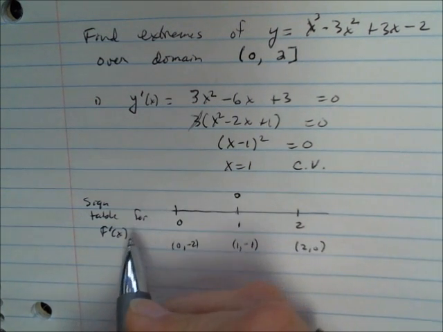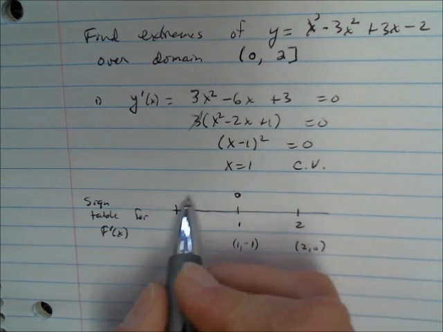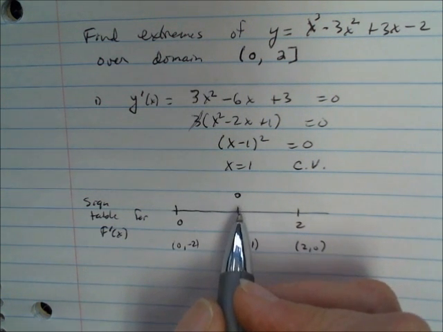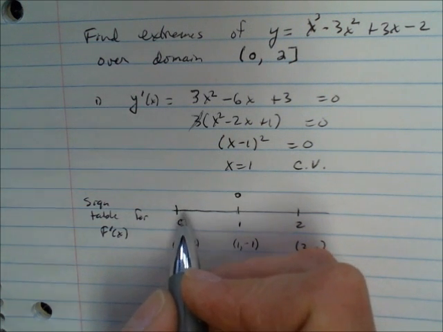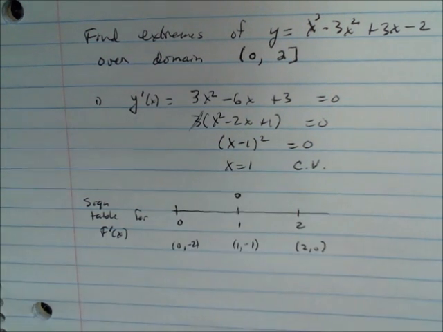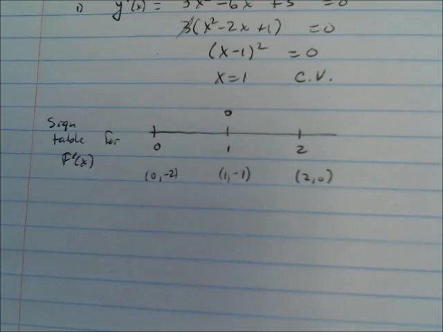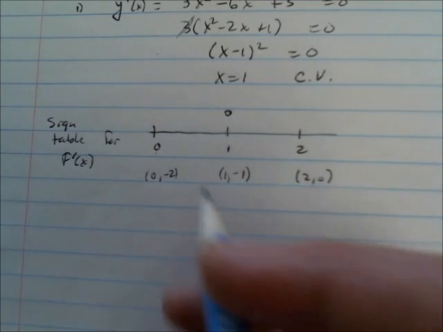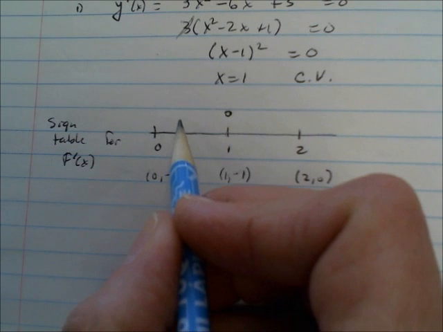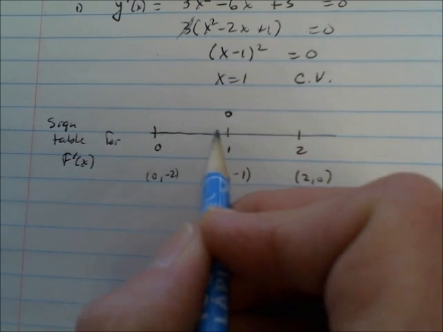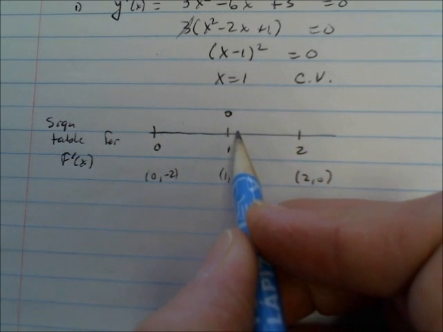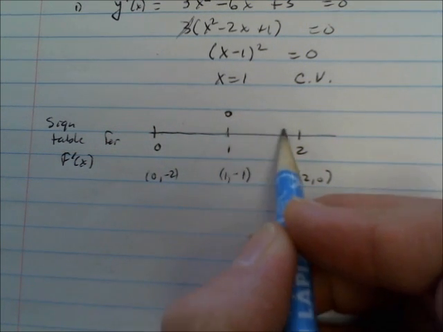Well, let's see what happens to f prime of x. This is a sign table, so we just have to indicate a plus or minus in here. So what we need to do is figure out whether the derivative is going to be positive or negative for any x value between 0 and 1, and for any x value between 1 and 2.